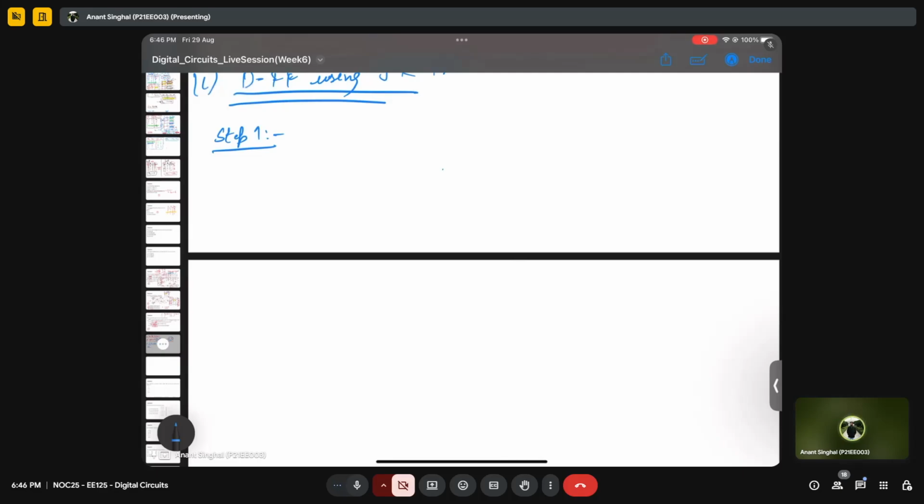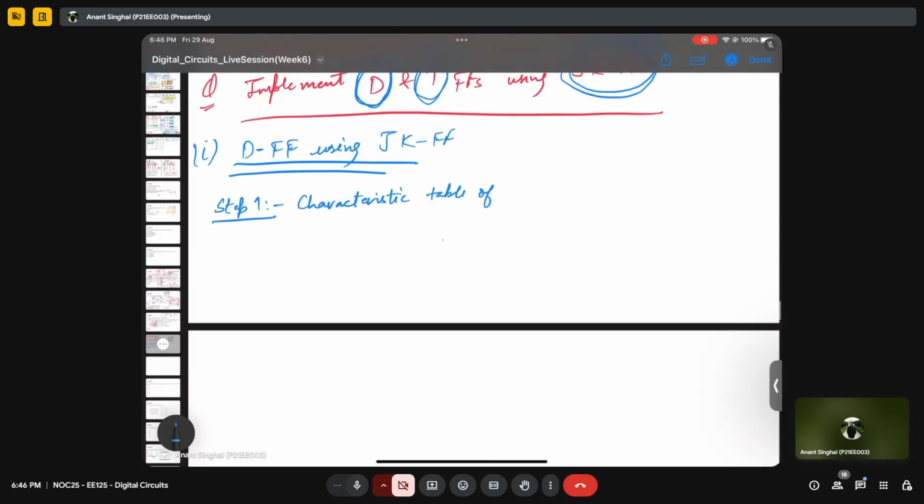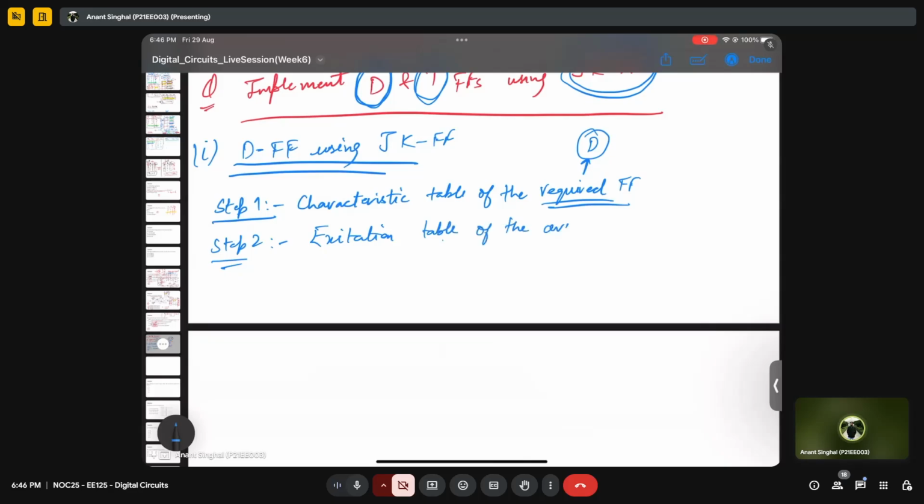Step one is to make the characteristic table of the required flip-flop, which in this case is a D flip-flop. Step 2 is to make the excitation table of the available flip-flop, which in this case is JK.